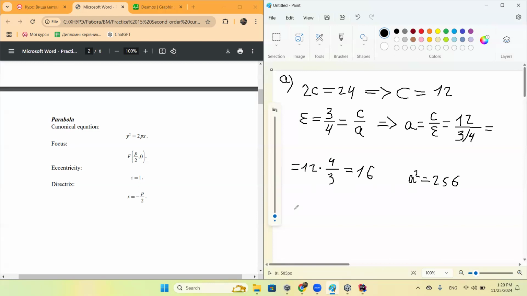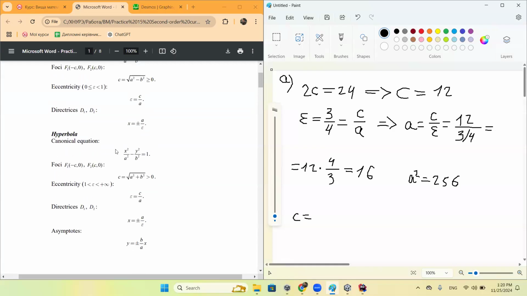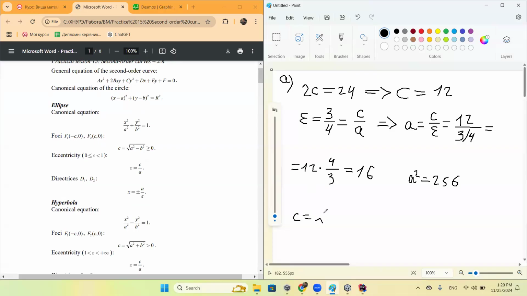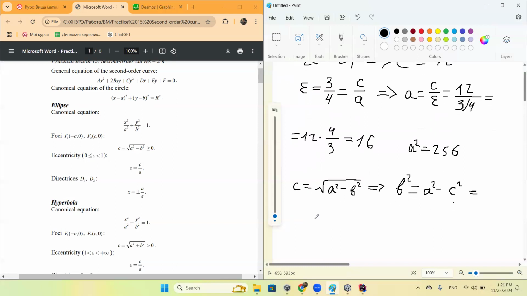Then we need to find the semi-axis b. We remember that for the ellipse, c squared equals a squared minus b squared. So b squared equals a squared minus c squared, which equals 256 minus 144, which equals 112.